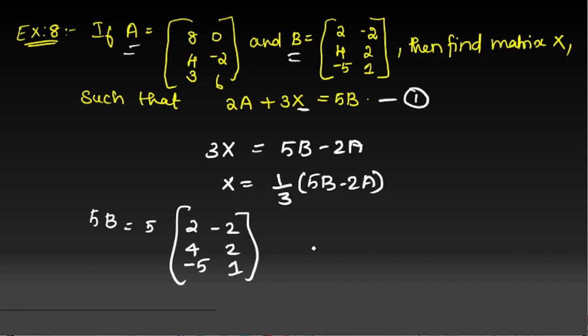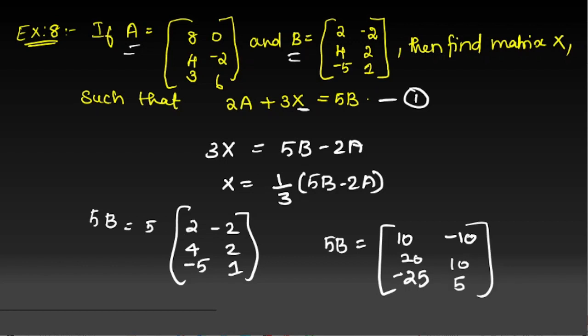You multiply each and every term: 5 twos are 10, 5 fours are 20, 5 fives are minus 25, then 5 times minus 2 is minus 10, 5 twos are 10, 5 ones are 5. So you have 10, 20, minus 25, minus 10, 10, 5. This is your 5B.